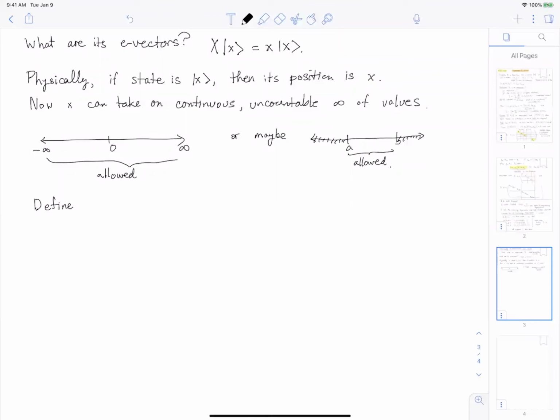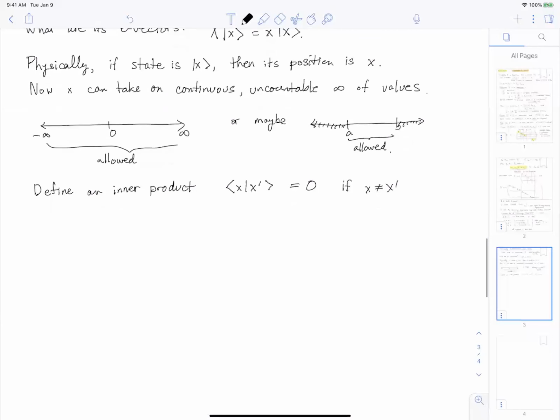Now we have these kets, and what we'd like to do is define an inner product among the kets. How should we do that? First of all, choose them to be orthogonal. So the inner product of x and a different x called x prime is going to be 0 if x is not equal to x prime.